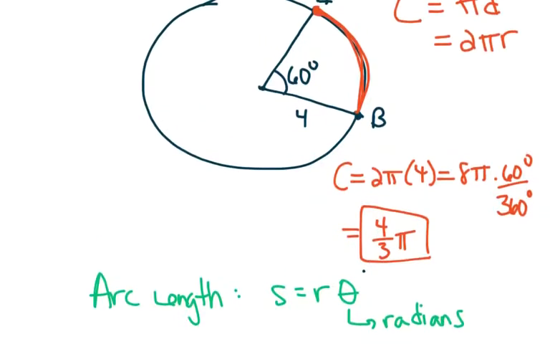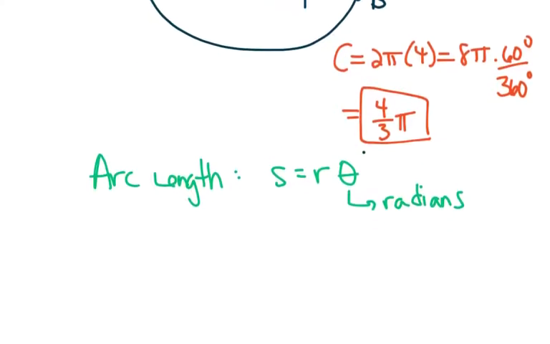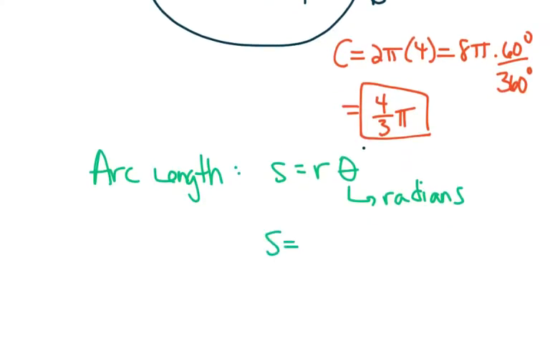Now, for this particular problem, we just learned in the previous video that 60 degrees is the same as pi over 3 radians. So if I use this formula, the arc length would be the radius 4 times theta, which is pi over 3. And hey, look, I get 4 pi over 3.